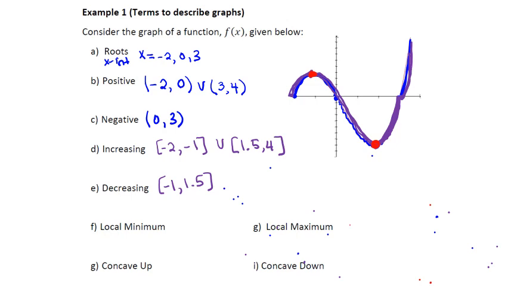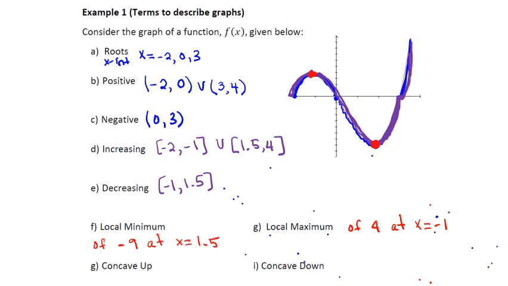So local maximum of 4, that's my y value. And then if I want to list x, I can, at x is -1. But I don't have to. So if I just say local maximum 4, that's it. It's the y value when I talk about local maxes and mins. And then I have a local minimum at, I think that's -9, so of -9 at x equals 5.